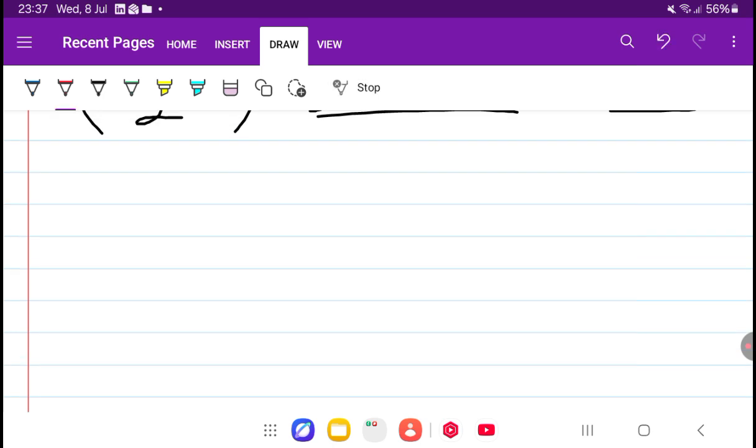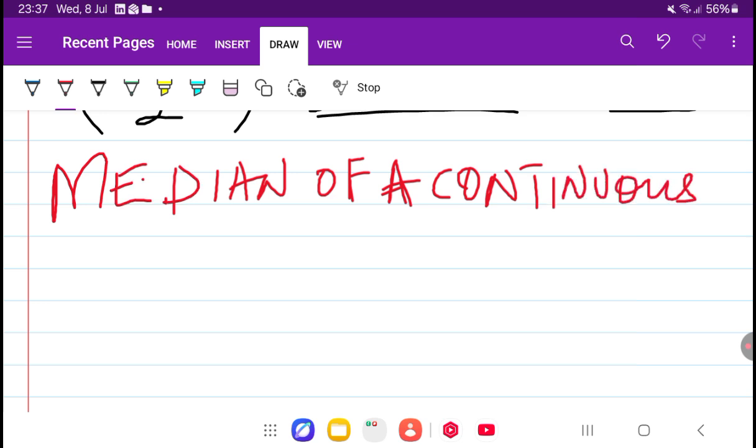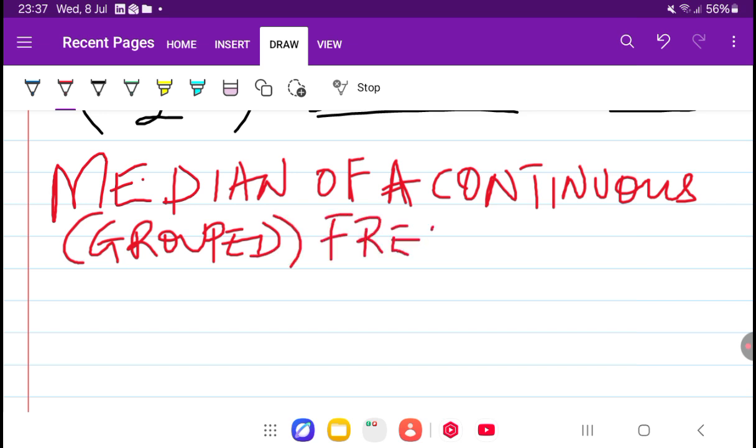So I want us to look at the median for grouped data. Median of a continuous, the other one was a discrete, of a continuous, in bracket we can say grouped frequency distribution.